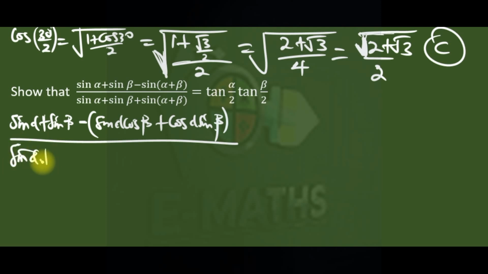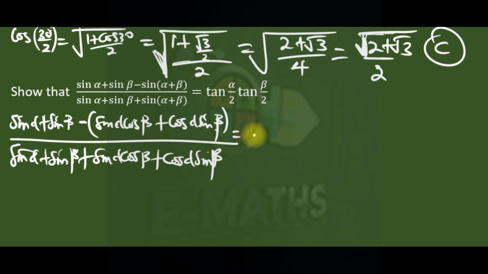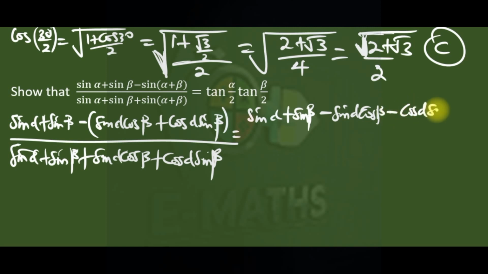So we have sine alpha plus sine beta plus sine alpha cos beta plus cos alpha sine beta, and for the other one, sine alpha plus sine beta minus sine alpha cos beta minus cos alpha sine beta.